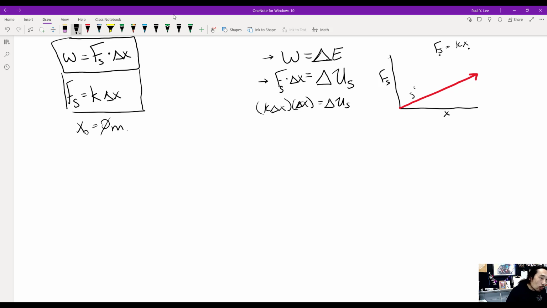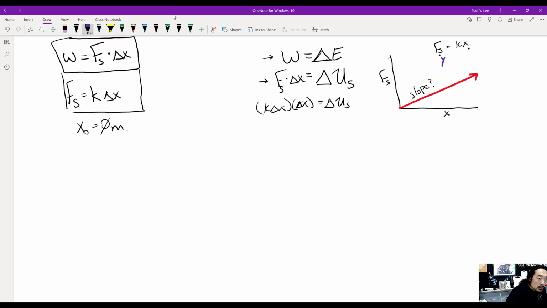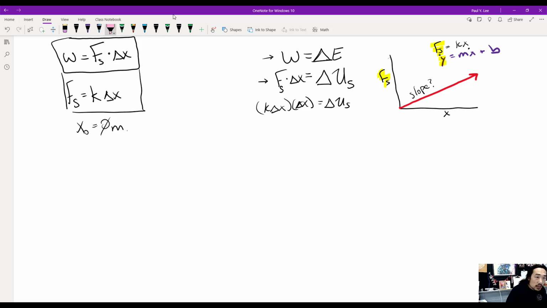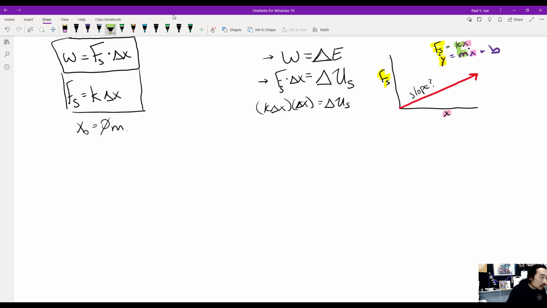If I were to ask you, what does the slope of this line represent? According to our point-slope formula method, y is equal to mx plus b. We can see here that the y-axis is the force and the x-axis is the stretch, and therefore our slope, our m, is the spring constant.